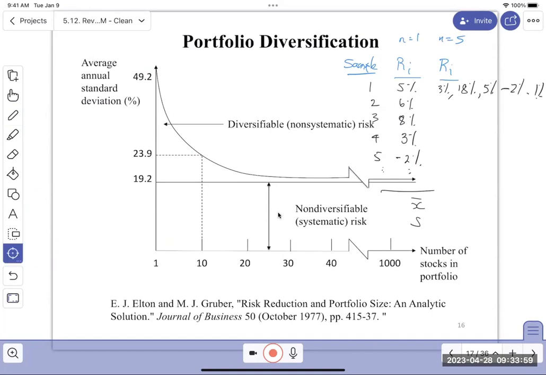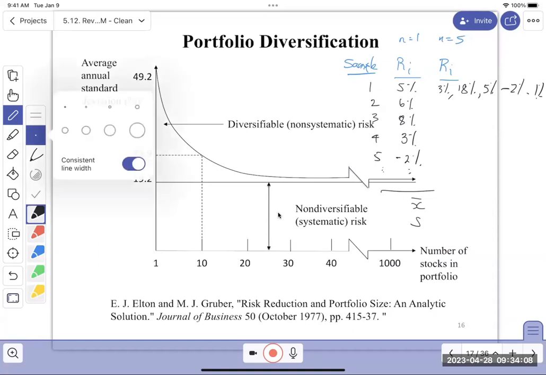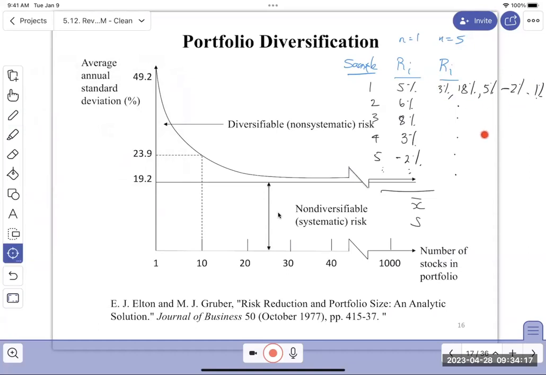Those are 5 assets. And then they repeated that. They did that many times, got averages from each one, and then got the average of the average. And the standard deviation, they calculated as the average standard deviation from all of these different standard deviations.